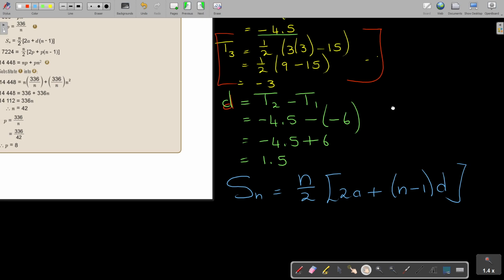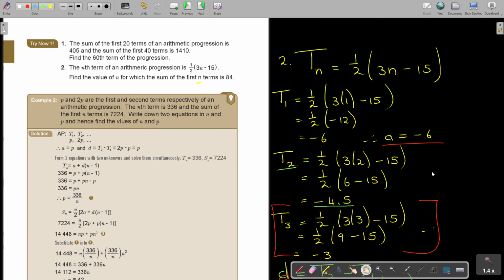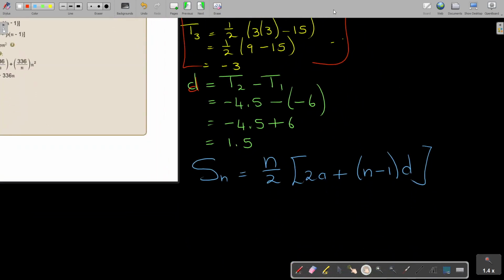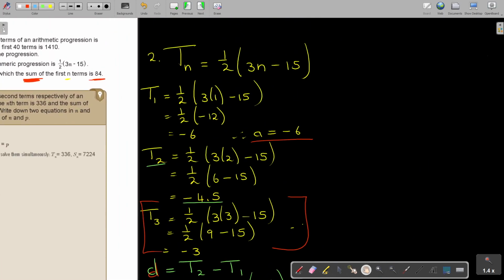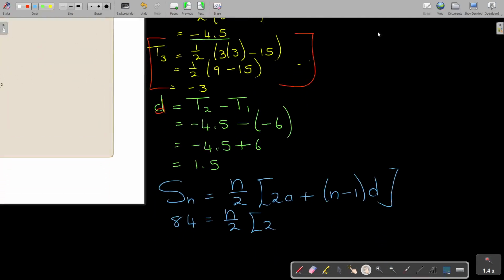So find the value of n for which the sum is 84. So I don't work with Tn, I work with sum. So I just go 84. I don't know n. I want to find n. I know A. Can you remember A? It's negative 6.